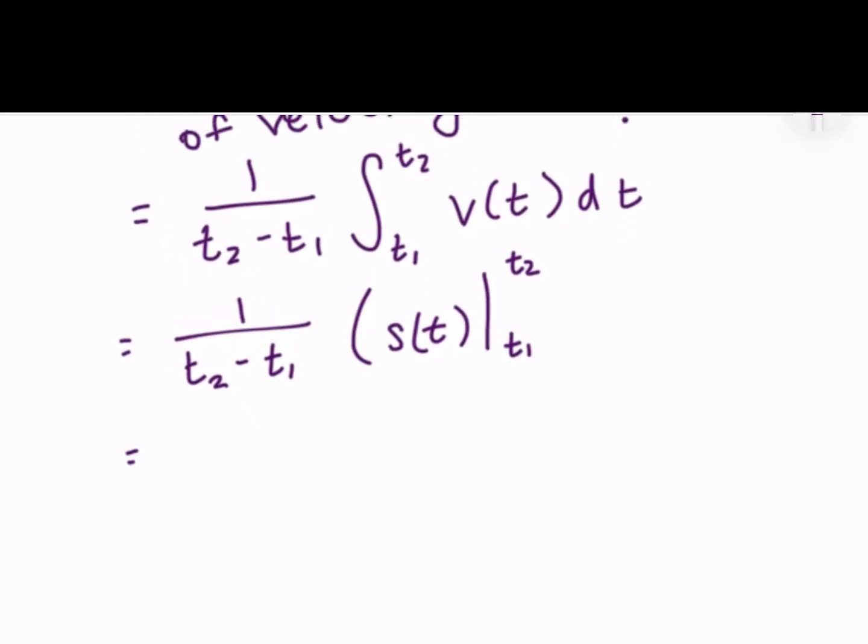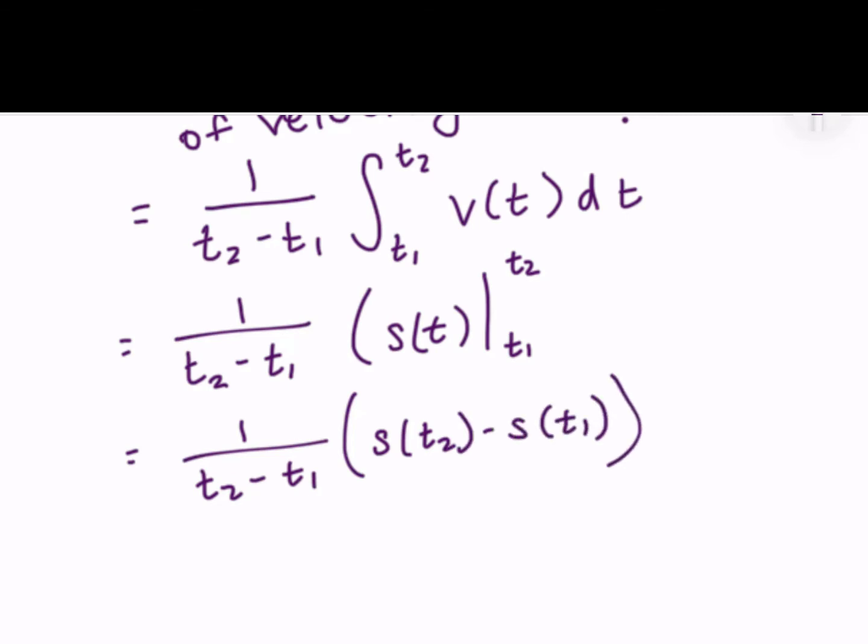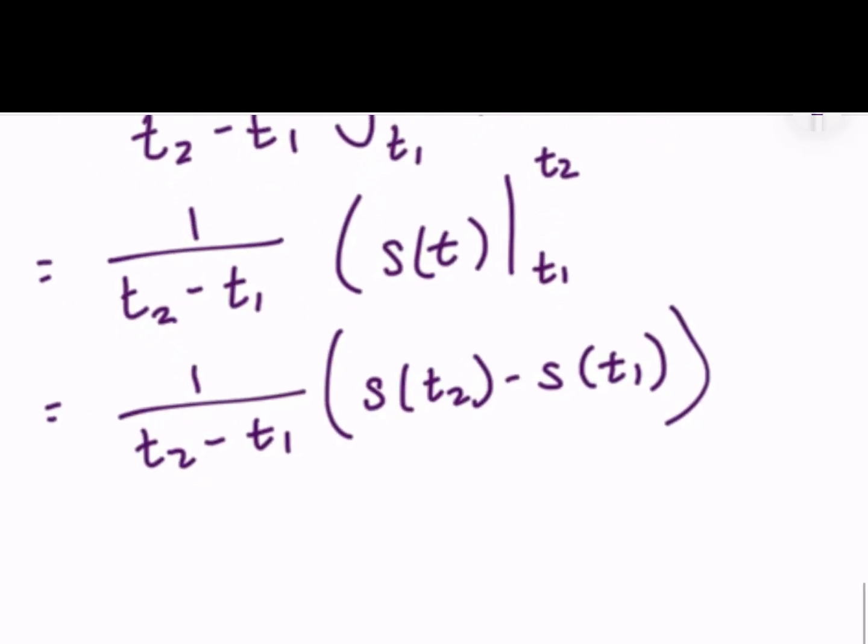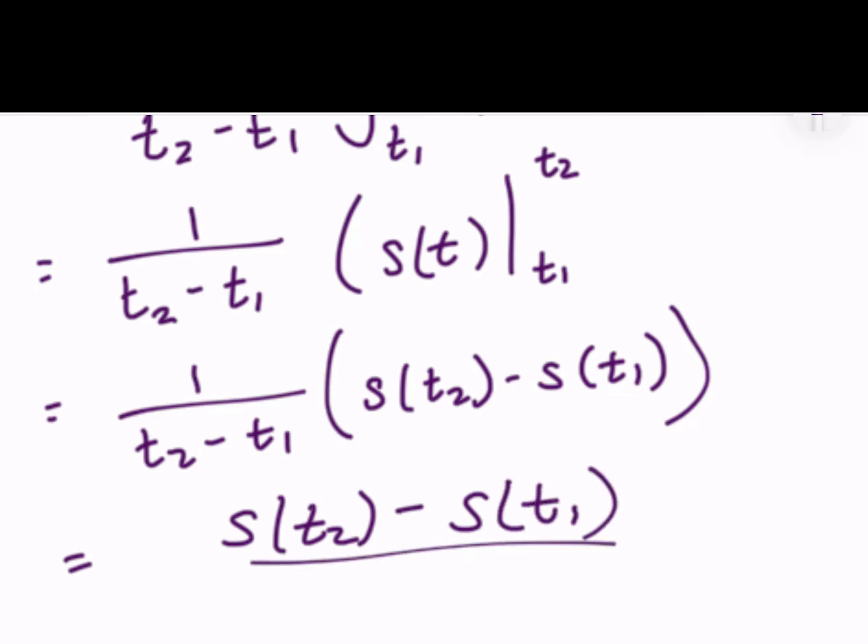And then we can expand this. So this is s of t2 minus s of t1. And then combining these two things together, we get s of t2 minus s of t1 over t2 minus t1.